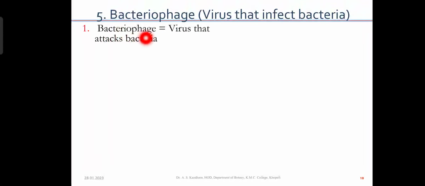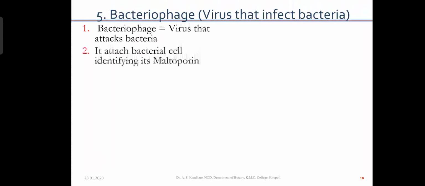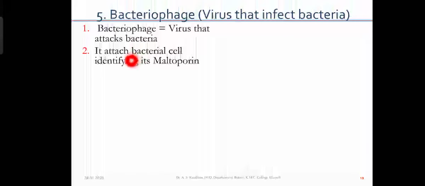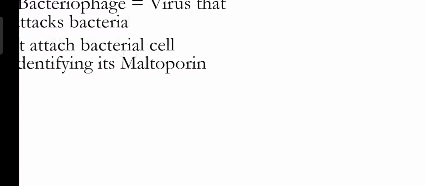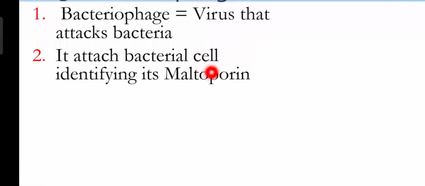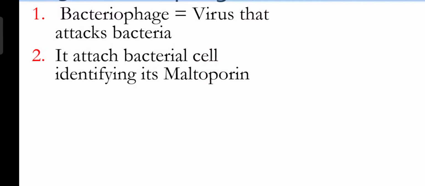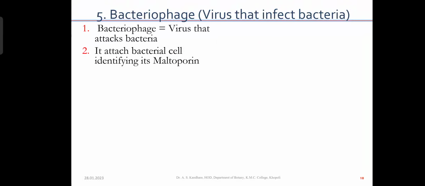It is called bacteriophage because it is the virus that attacks bacteria and ultimately destroys them. It attaches to the bacterial cell by identifying its maltoporin. Maltoporin is a kind of protein present on the surface of bacteria. So the virus identifies this maltoporin for its attachment and then it infects the bacterial cell.